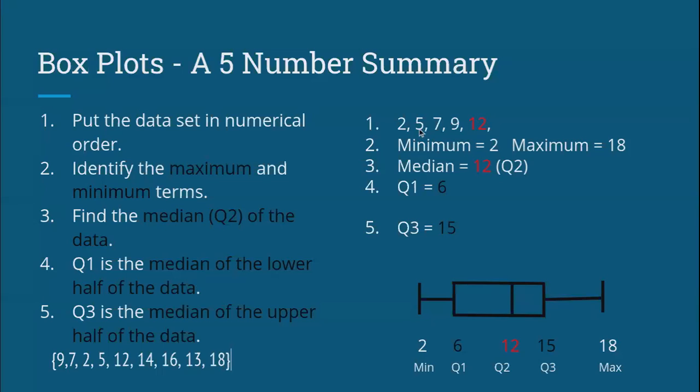So now we know that the median is the middle. But when you have an even number of terms, there is no physical middle. So does anybody remember, if we have an even number of terms, how do we find the median? Somebody talk to me. How do you find the median of an even number of terms?